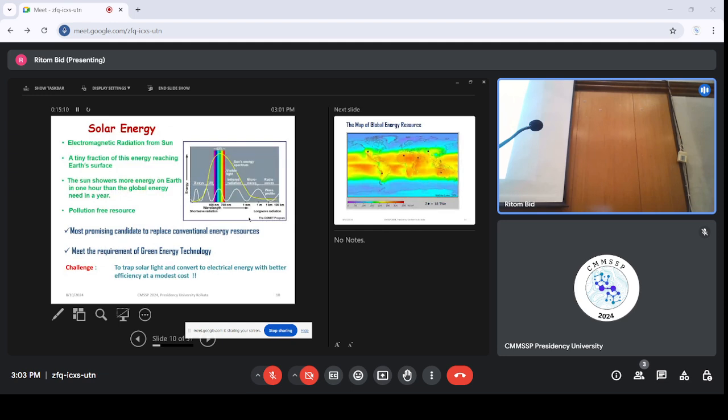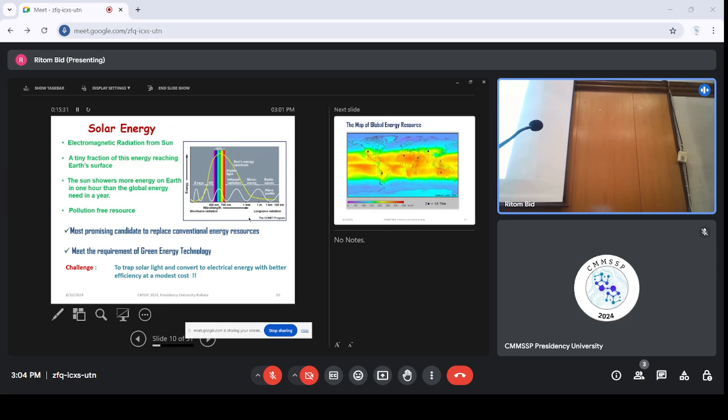Okay. Now we basically focus on the photovoltaic devices or solar cells, because that is the broader application aspect of the photovoltaic technology. So if we think about the solar cell, we must know the composition of the solar energy.